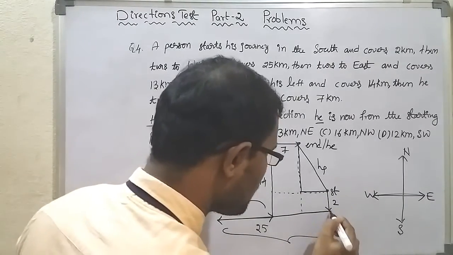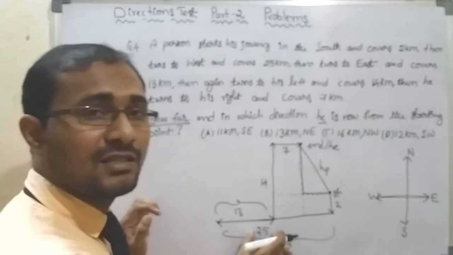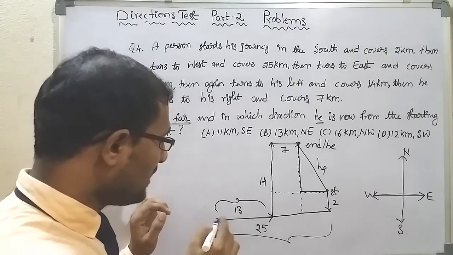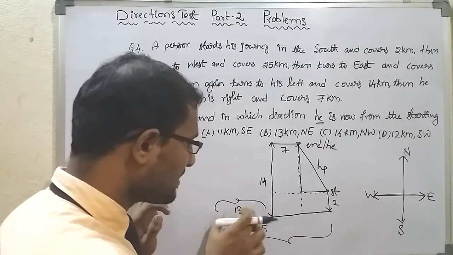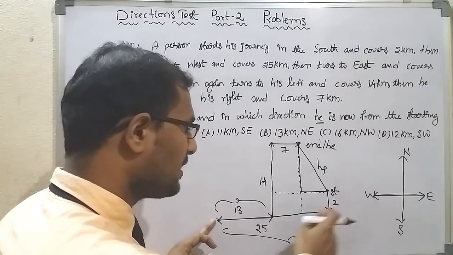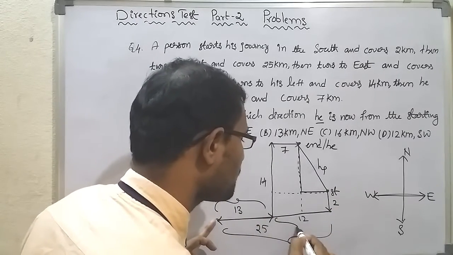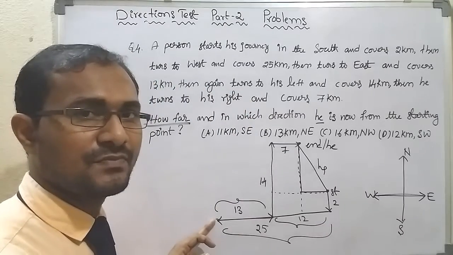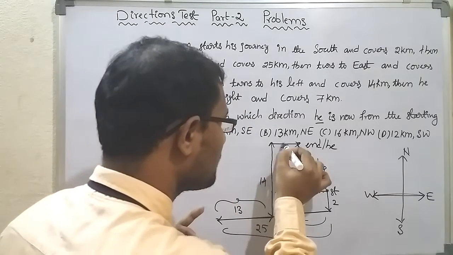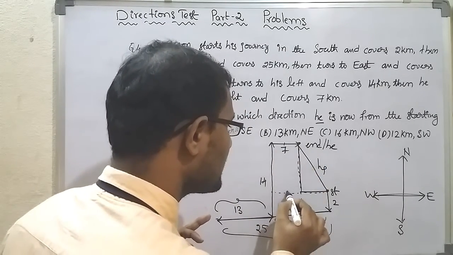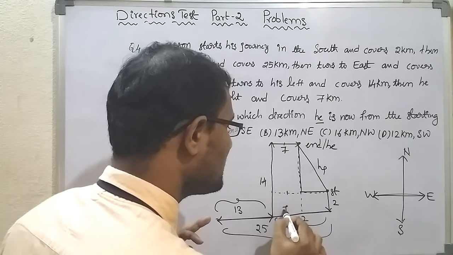See, from this point to this point, what is the distance? 25. And from this point to this point, what is the distance? 30. Out of 25 up to here, 30 means here definitely it should be 12 kilometers, right? And we know already this line is 7, this line also must be 7, and this line also must be 7.